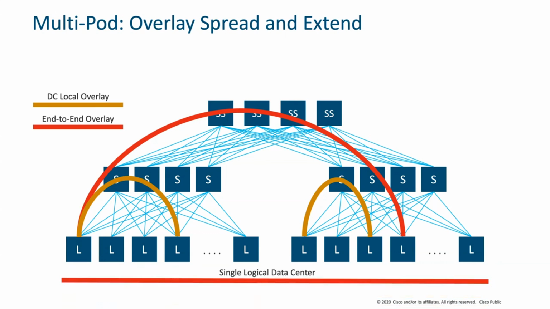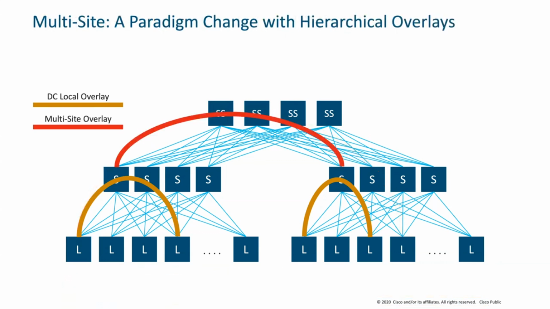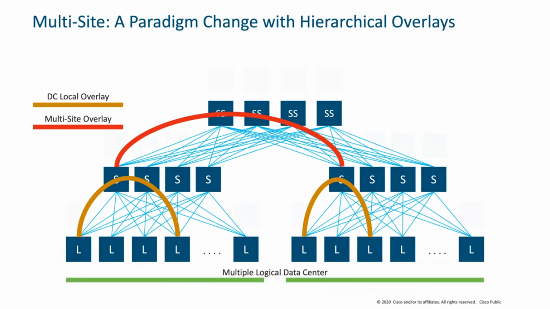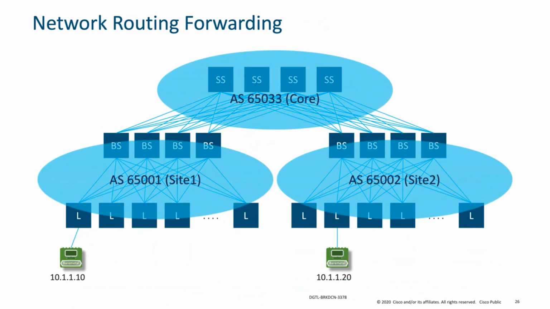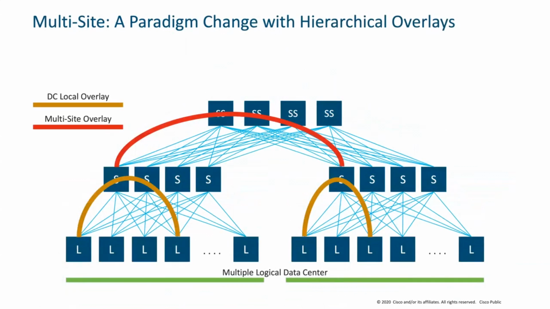There is another way to design this, by building a kind of multi-site. The difference is that you have a leaf and spine, and there is a function running on the leaf which is called border spine. You will still have multiple ASs, multiple BGPs, but you can see the encapsulation. Local leaves will peer with each other in each fabric.